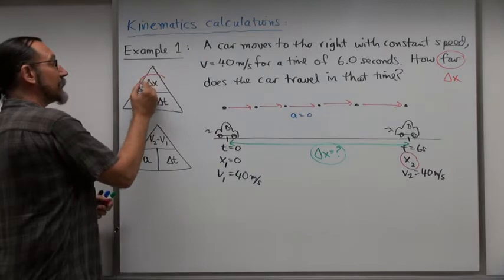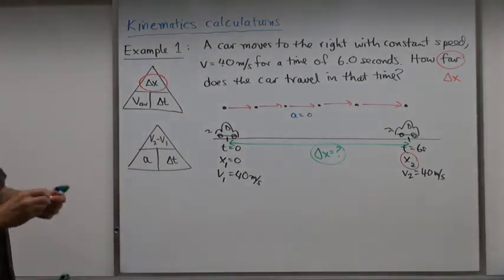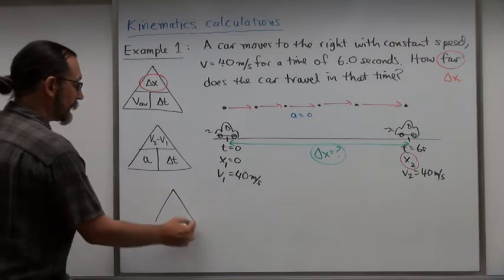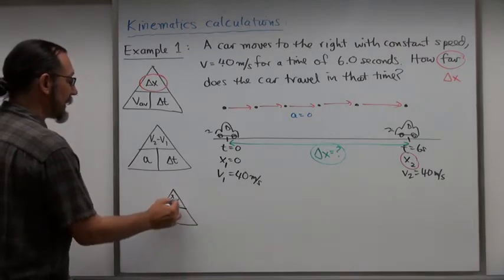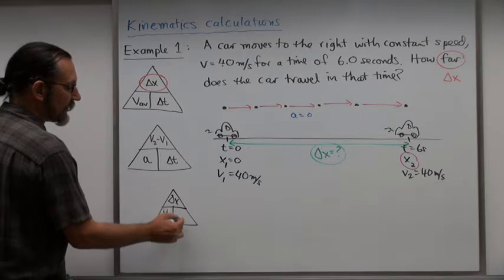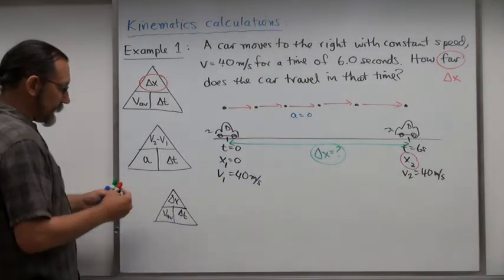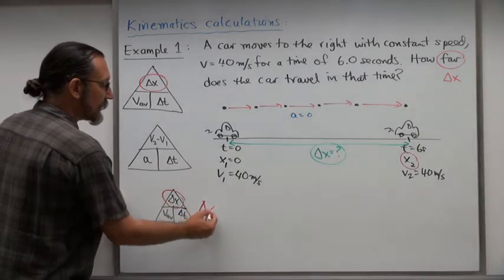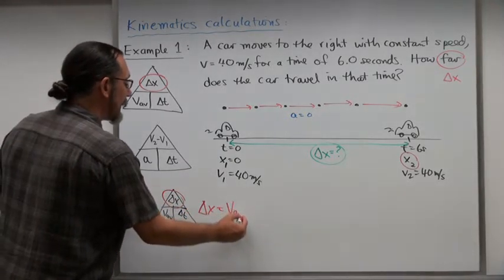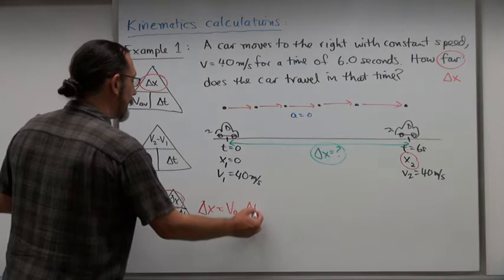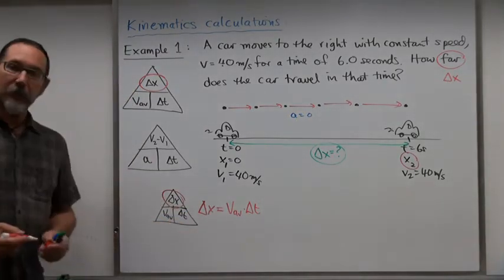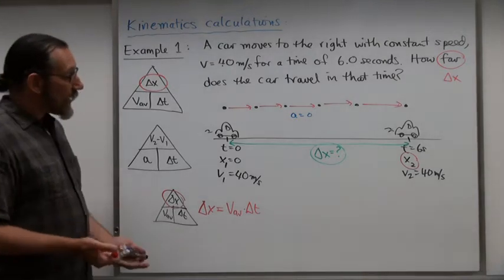Well, here's delta x. So I can use that formula that relates delta x to the average velocity and time. I can see that delta x is the average velocity times the time. Okay? Then you have to say to yourself, well, what's the average velocity?